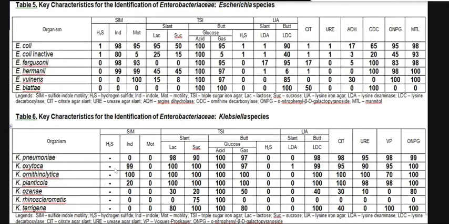Most often than not, indole is positive for oxytoca as compared to pneumoniae. If both are mucoid and all reactions are almost the same, then we zero in on indole only. So I hope you get the idea of how to use this table.